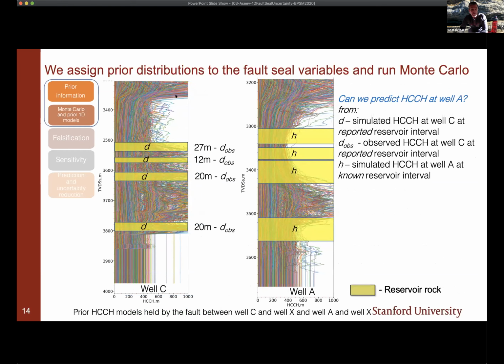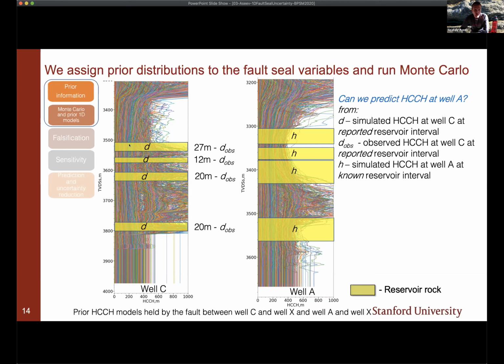All realizations are here. For well C, all these lines are here, and for well A, all these lines are here. To be more specific, these lines are column heights that can be supported by the fault using our prior knowledge of the distribution of fault seal variables. Some values are unrealistically high, but it's not a prediction. It's just all possible scenarios based on existing geological knowledge and stochastic simulations using established workflows.